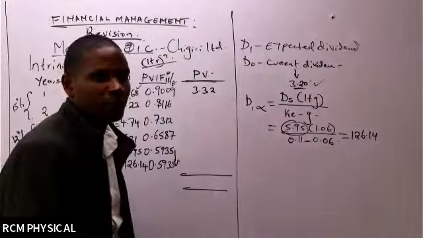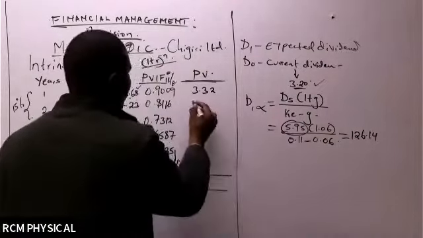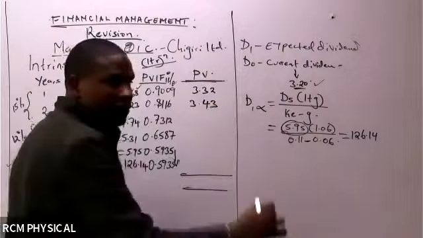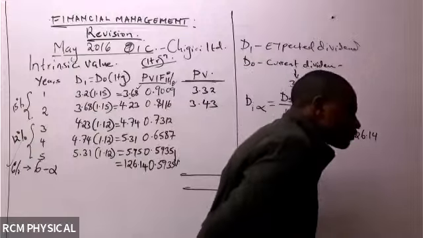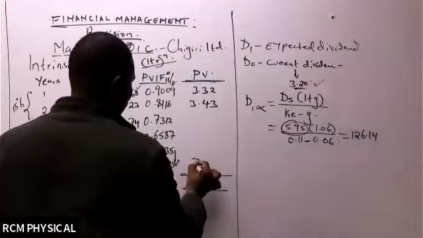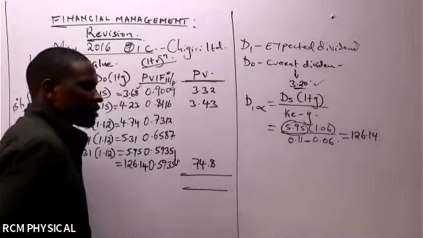The second one is 3.43. Then we get 74.8.